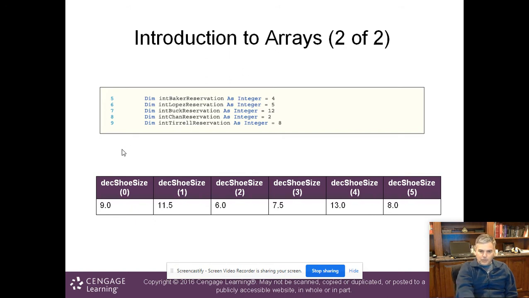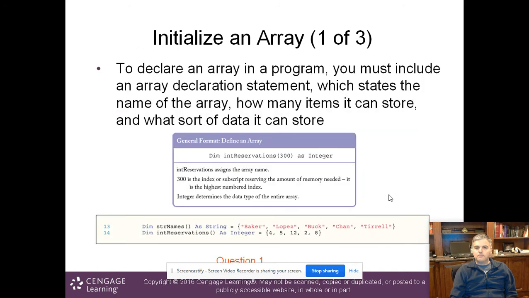In this example, it's reservations, and in the example below, it's shoe sizes. We have a shoe size for, it looks like, 1, 2, 3, 4, 5, 6 elements, and all the different shoe sizes. So we could do that with 6 different variables, or in the above example, with 5 different variables, but it's a lot easier if you're using arrays.